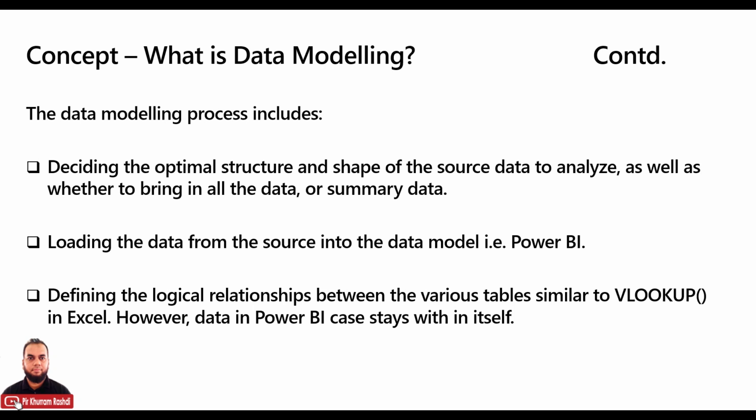However, data in the Power BI case stays within itself. So that is also the same concept, just like I told you about RDBMS and ERD, entity relationship diagram. One table is related to another table. So in this way, the table is structurally divided. This is called normalization, and each of the tables is dependent upon the other table.